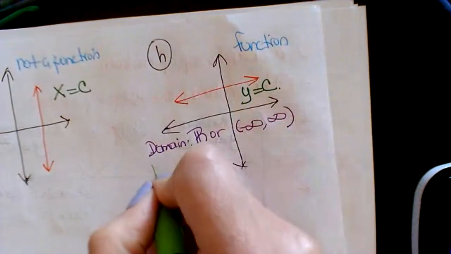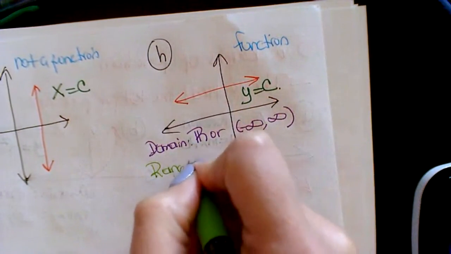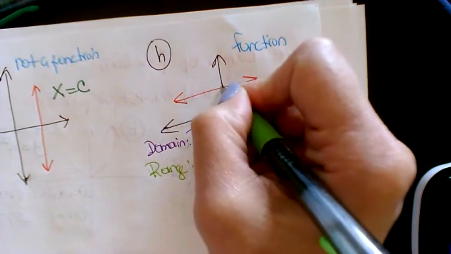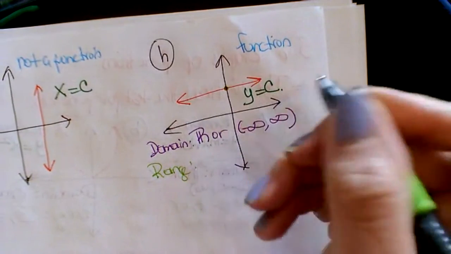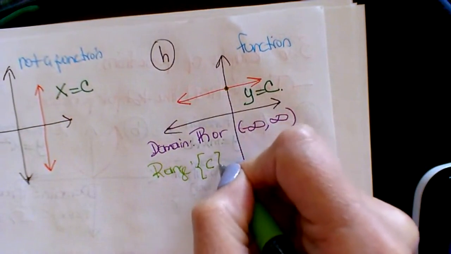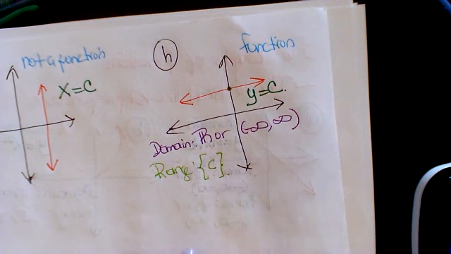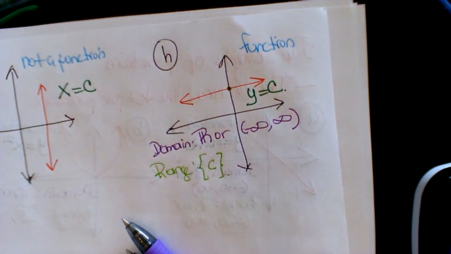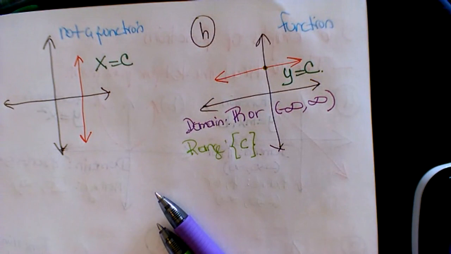But the range is what? The range is only that number here. y equals 3, y equals 4. So it's only going to be that number. Okay? And this is what I have in regards to the vertical line and finding the domain and the range of the relations.